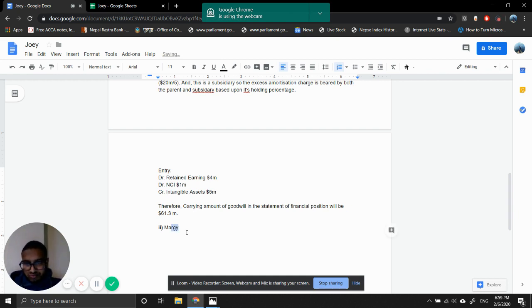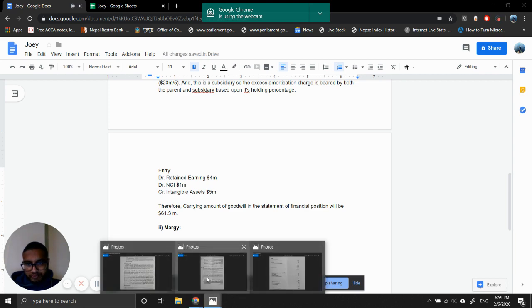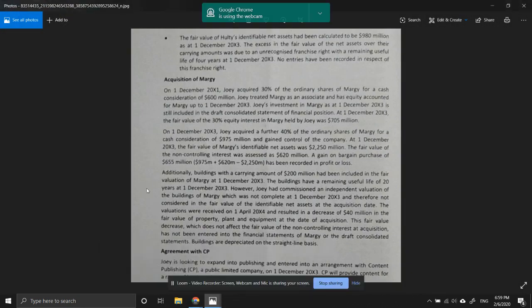Margie. It's bolded as well. What has been the issue? Let's look. On 1st December 20x4, that means exactly 3 years ago, Zoe acquired 30% of ordinary shares of Margie for a cash consideration of 600 million.